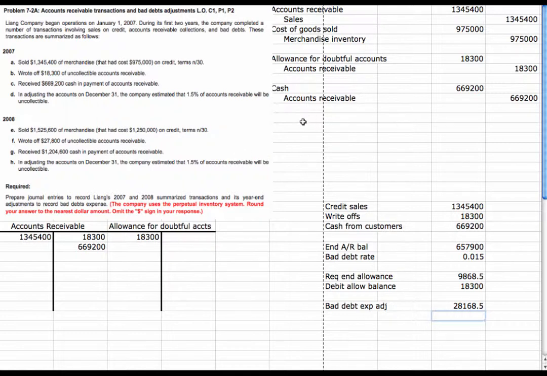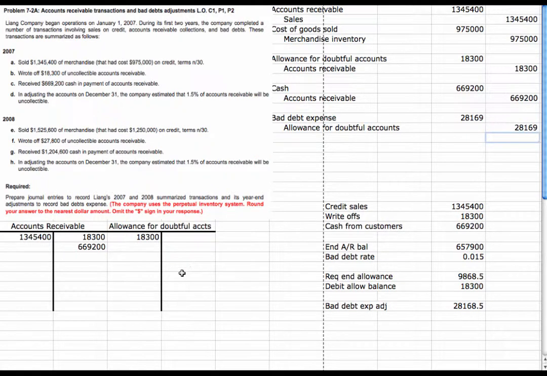So I would need to do a journal entry for letter D, which is debit bad debt expense, and we'll round this to 28,169. Credit the allowance for doubtful accounts of 28,169.